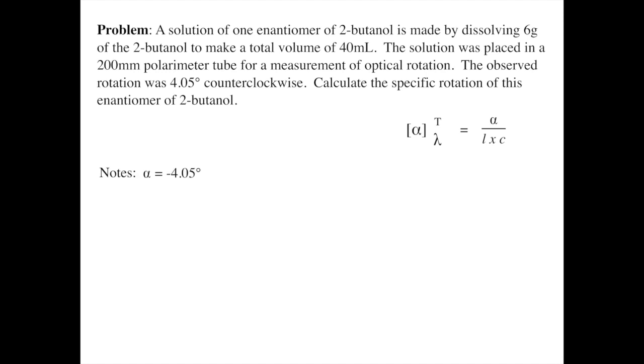Well, first of all, let's collect what we know about this. The optical angle of rotation is minus 4.05 degrees, and so it's levorotatory. We could name this minus 2-butanol to indicate which enantiomer it is. The concentration is 6 grams divided by 40 milliliters.